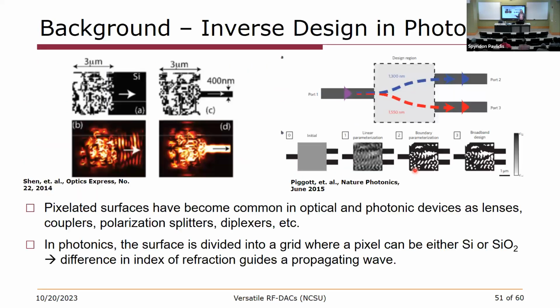All right, so just quickly, in the last couple of minutes, I'm going to talk about some other work that we're doing right now in inverse design. So if we look at photonic integrated circuits, there's been an interest in doing these randomized pixelated surfaces for operation as things like couplers or polarization splitters, diplexers, things like that. What they showed is that you could take classical electromagnetic designs of these components and then randomly allow transformations in the structure.